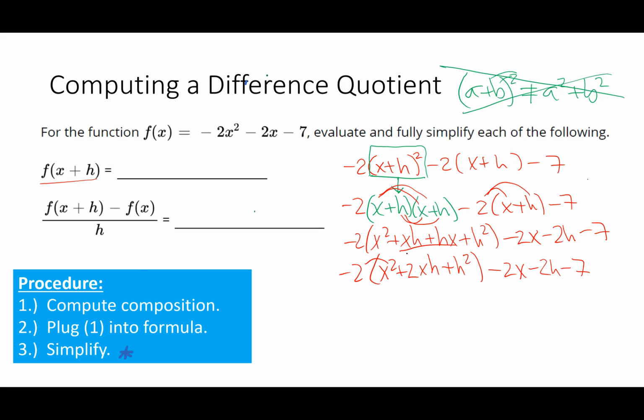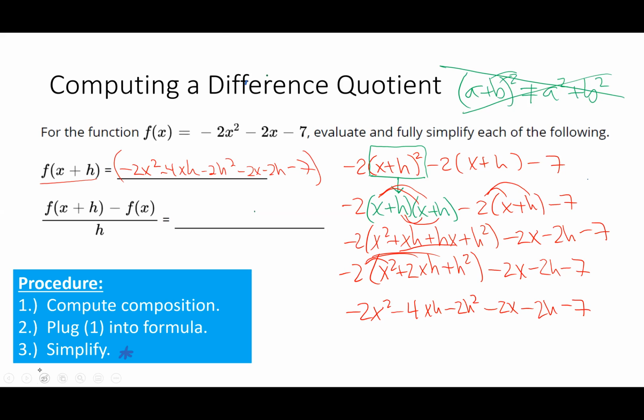And now I distribute. Now from here, you're going to think to yourself, oh, now there's cancellation. No, there's not, because we were only asked for the composition. So that's what we end up with here. That's this answer.